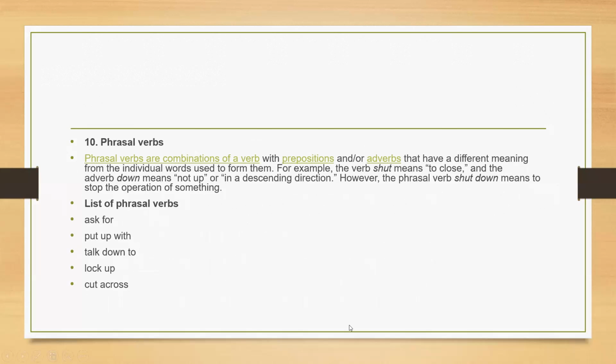For example, the verb shut means to close, and the adverb down means not up or in a descending direction. However, the phrasal verb shut down means to stop the operation of something. So, what is the list of phrasal verbs? Ask for, put up with, take off, lock up, cut across. All these are phrasal verbs. We'll discuss phrasal verbs once again.